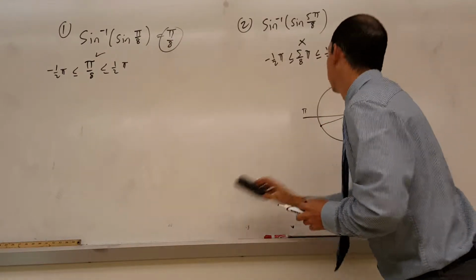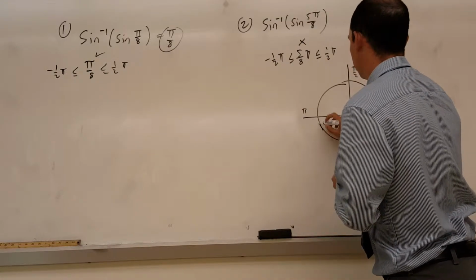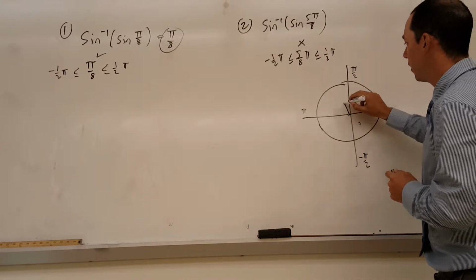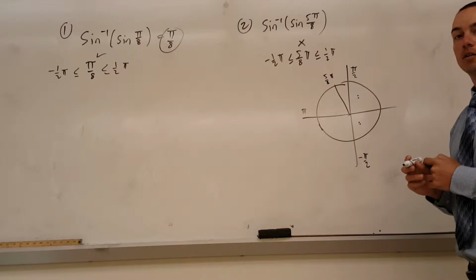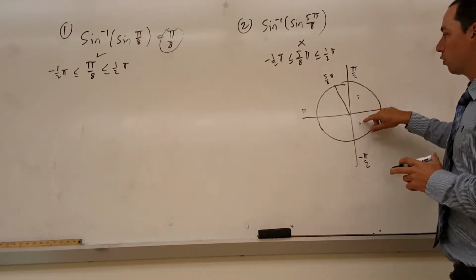Oh, sorry, that would be 9/8. Here's 4/8 pi, this is half pi. So 5/8 pi is right there.